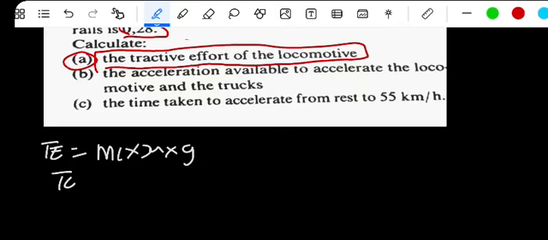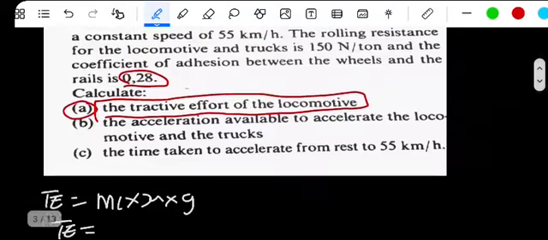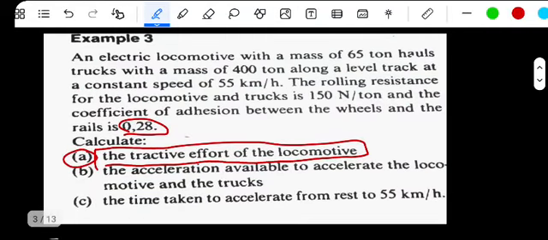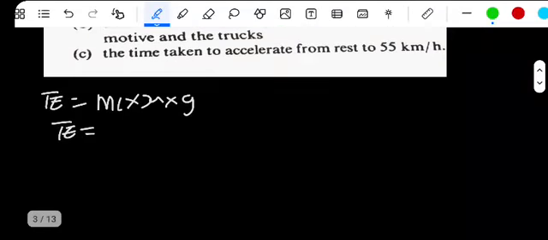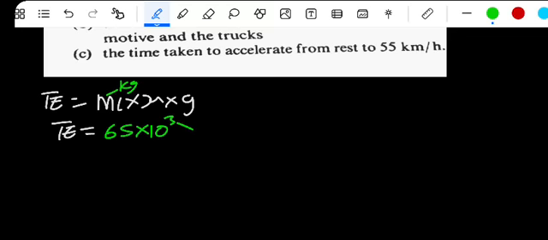The mass of the locomotive is 65 tons, but this must be in kilograms, so 65 multiplied by 10 to the power of 3. The coefficient of friction was 0.28, and gravity is 9.81.